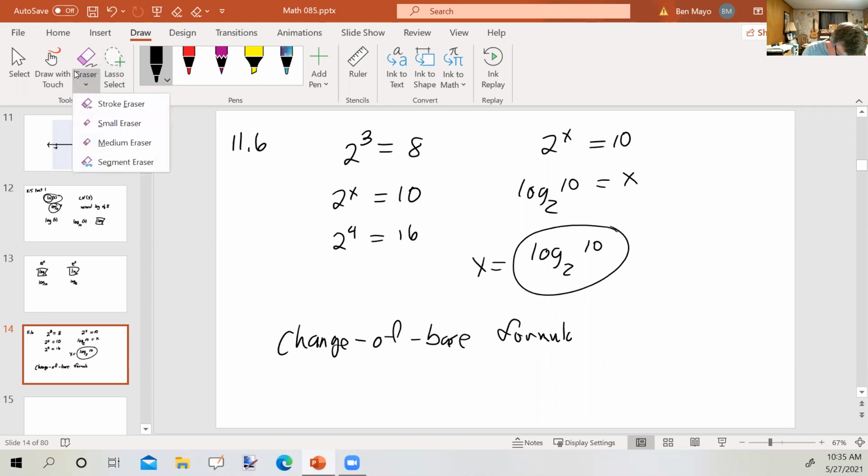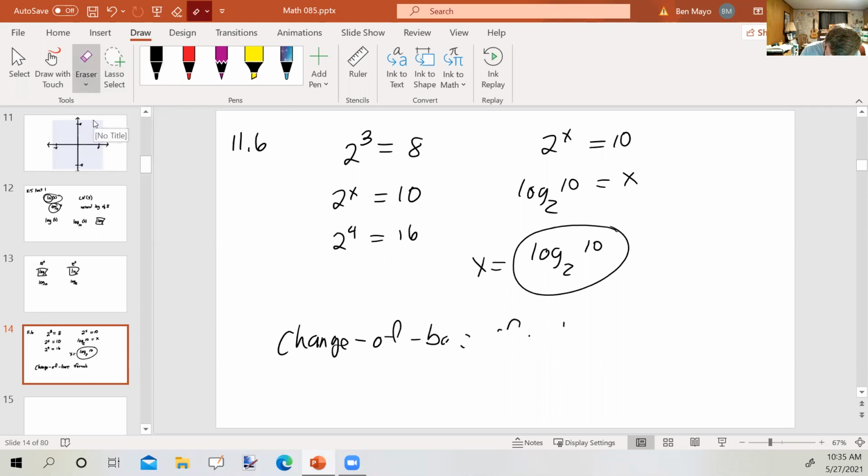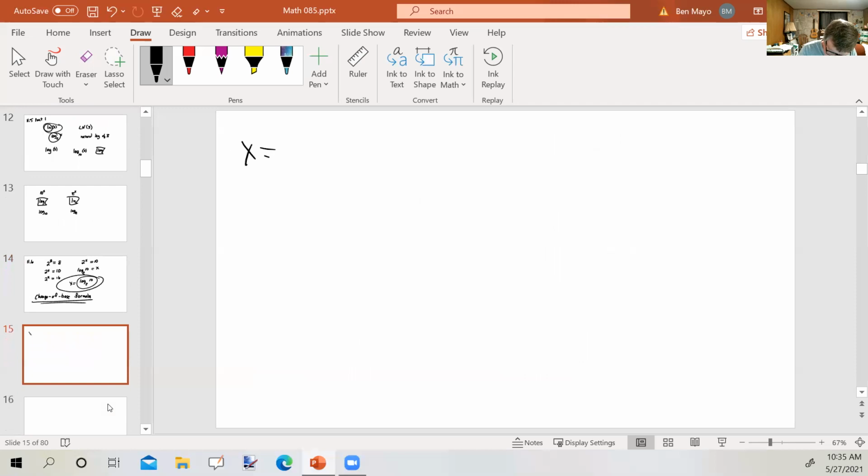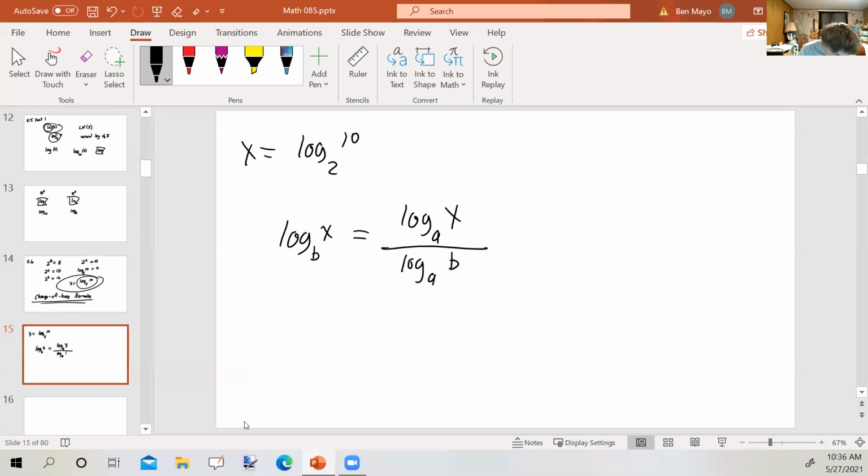That's the thing we're going to be looking at in section 11.6, and let's take this situation and figure out what the answer is. In general, the change of base formula looks like this: log base b of x equals log base a of x divided by log base a of b.